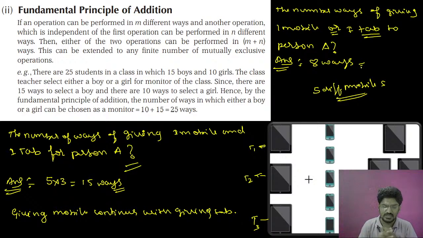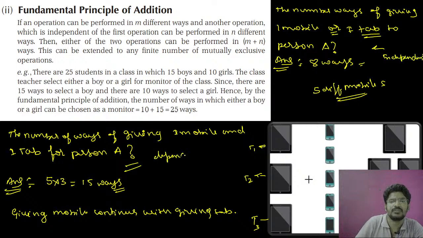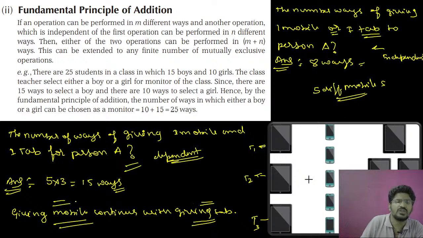So first you have to think whether it is independent or dependent. See, here it is independent. Okay, here it is dependent. That means giving mobile depends on giving tab and giving tab depends on giving mobile.